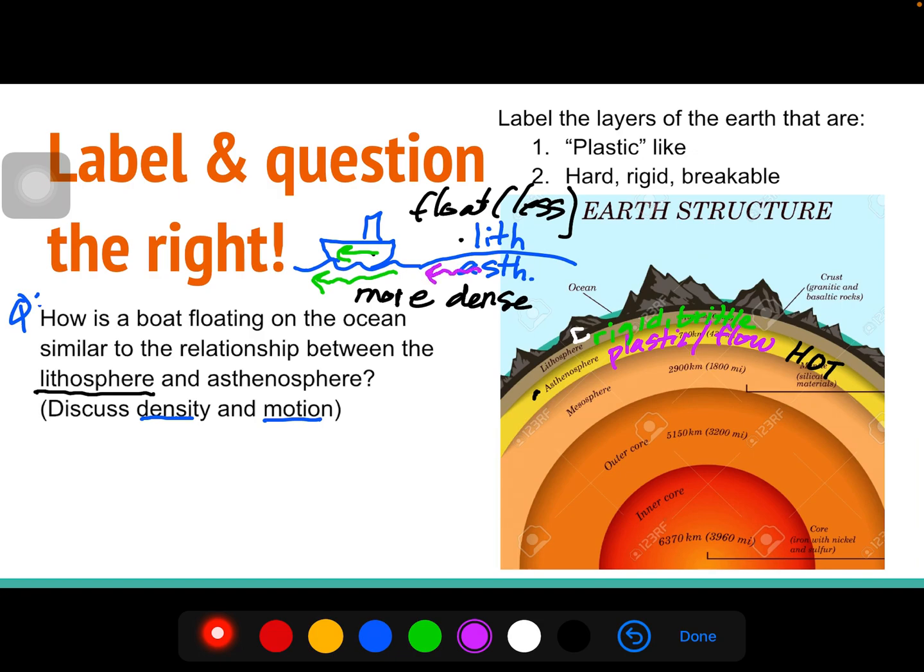If the asthenosphere is moving in a certain direction, the less dense lithosphere floating on top is also going to move in that same direction. So take a little pause real quick and make sure to get those details in, right? Like we said, the lithosphere is less dense, so it's floating on top, and any motion of the asthenosphere drags the lithosphere along with it.